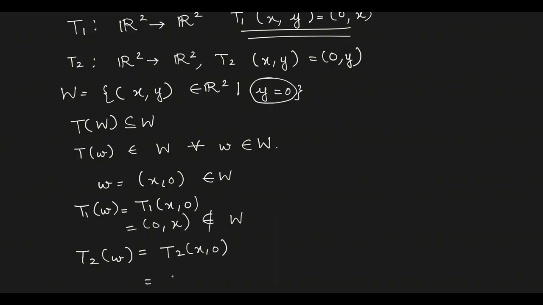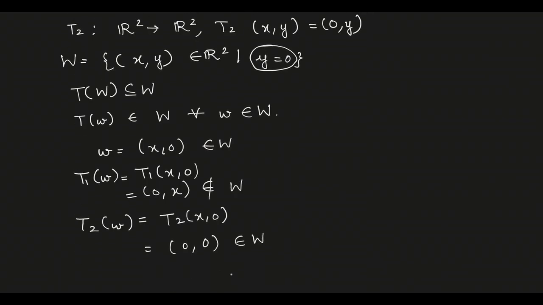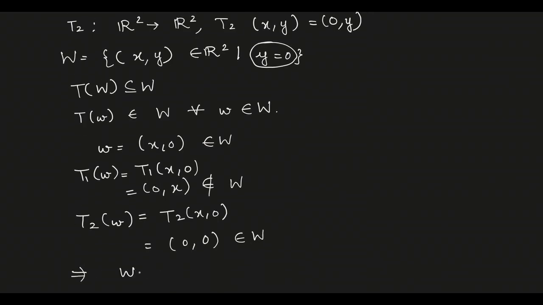So this will be (0, 0), right? Yes, y is 0. This belongs to W, which means W is an invariant subspace of T2 but not of T1.